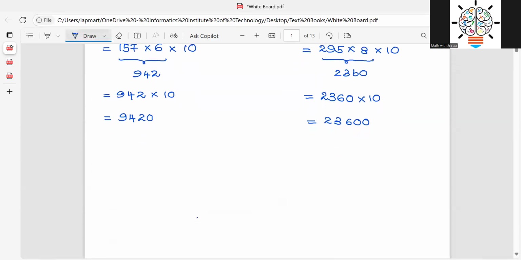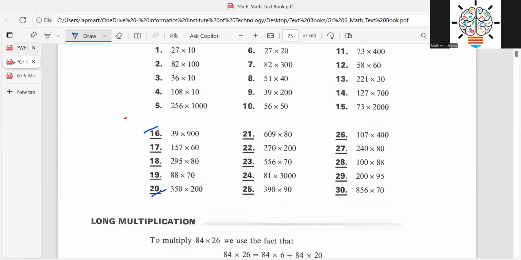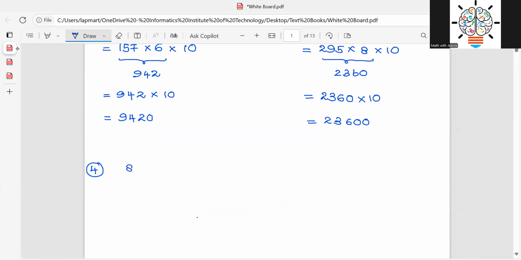So 295 when you multiply by 80, it gives you 23,600. So then we will move to the next one, the fourth one, 88 into 70. 88 multiplied by 70. So then we write 88 multiplied by 7 multiplied by 10. So then first I multiply that, go to the working column and do the multiplication here.